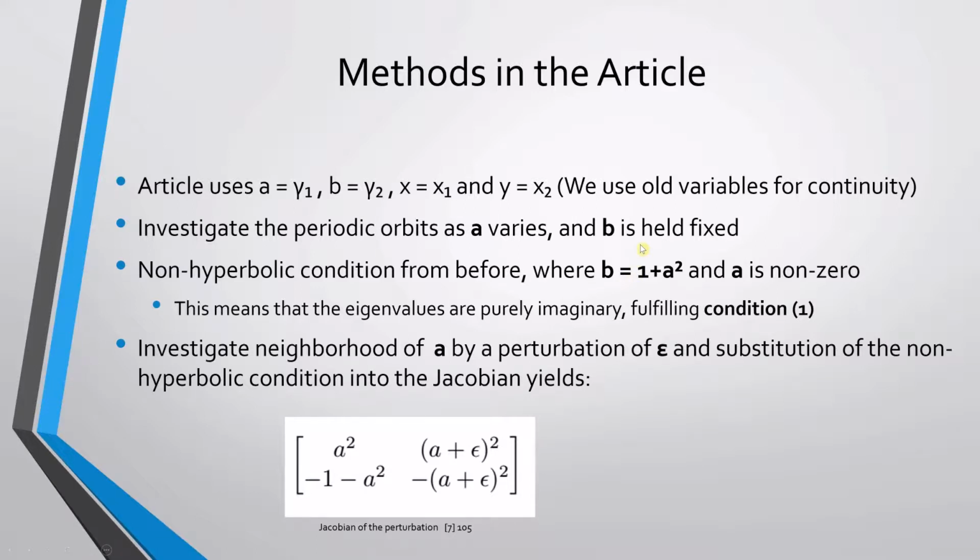In order to examine the non-hyperbolic case, the article perturbs the varying parameter A by a non-zero epsilon. By substituting the non-hyperbolic condition, as well as the perturbation of A, into the Jacobian matrix of the steady state, we obtain the matrix here below.